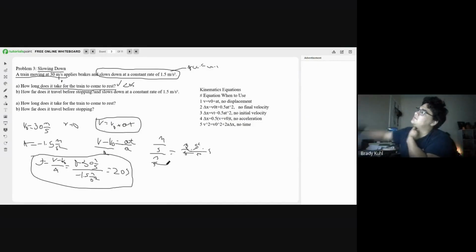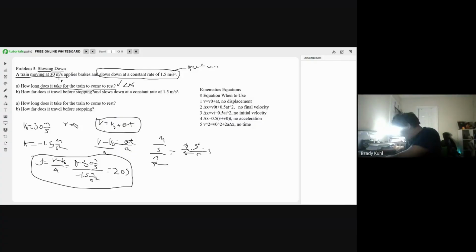So we got the initial. Again, it doesn't matter which one you use as long as you get the distance. I'm going to go ahead and use 30 times 20 plus 0.5 times negative 1.5 times 20 squared.